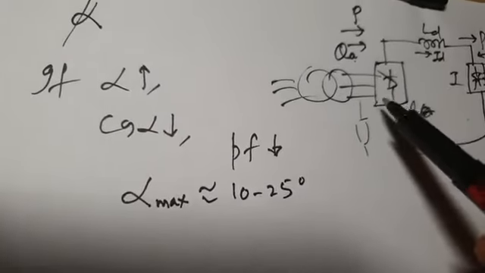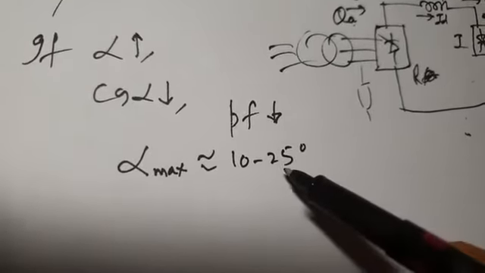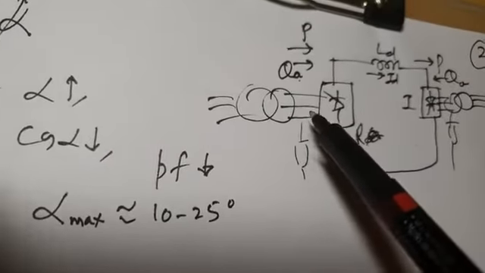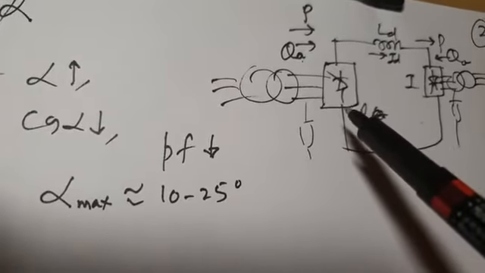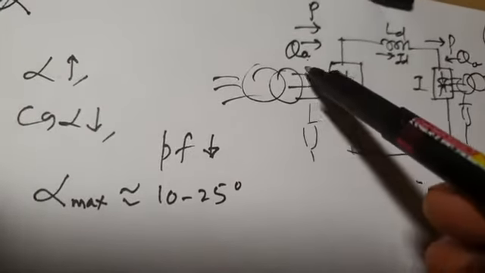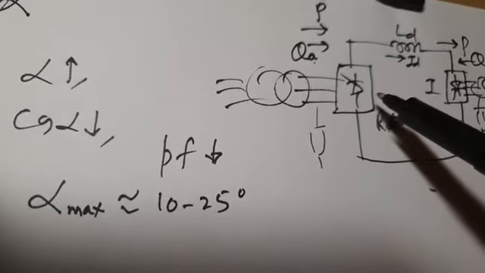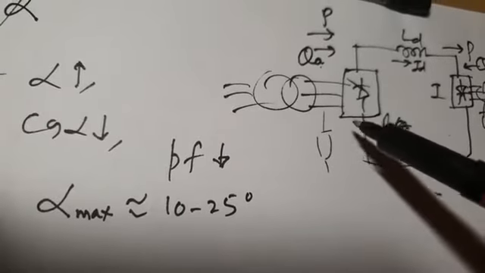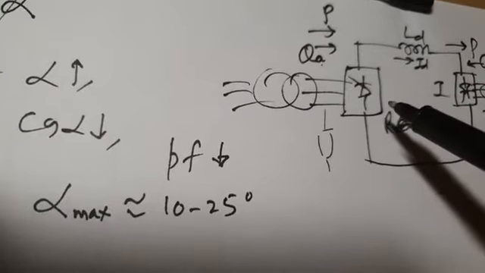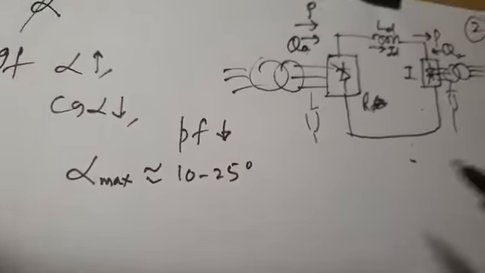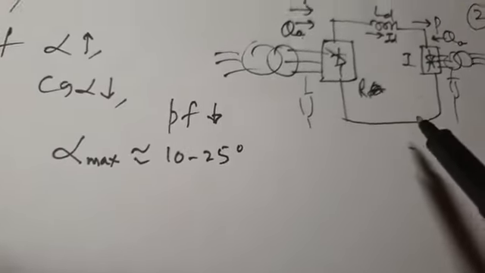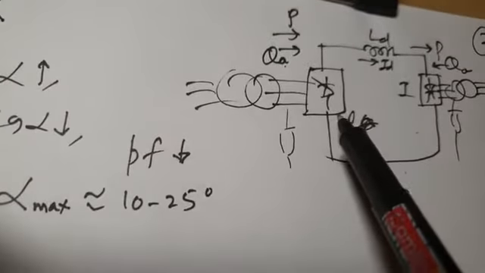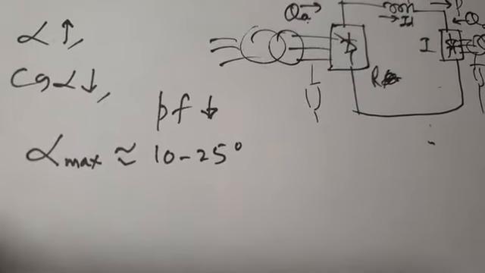You never operate your converter at a delay angle more than 25 degrees, because the higher the delay angle, the lesser is the input power factor, and less input power factor means more and more reactive power will be demanded, and more reactive power means strong reactive power compensation has to be provided, which will add to the cost of the system, and losses will also increase. So therefore, maximum delay angle in HVDC converter operation is just 10 to 25 degrees. We never operate our converter or rectifier at a delay angle more than 25 degrees.